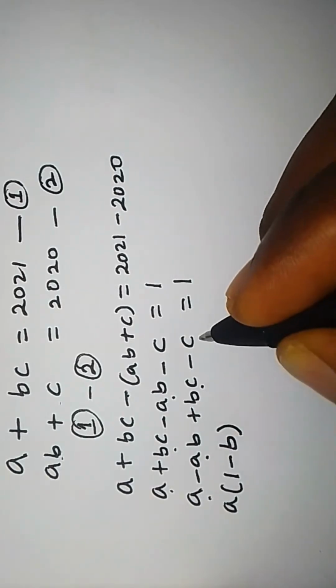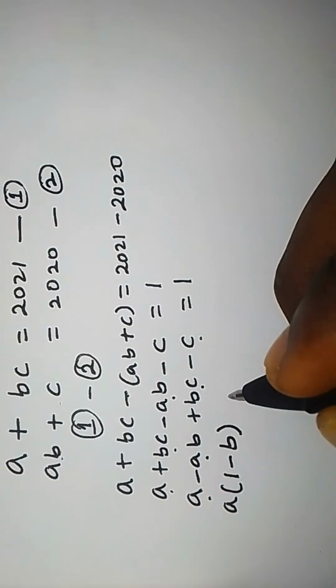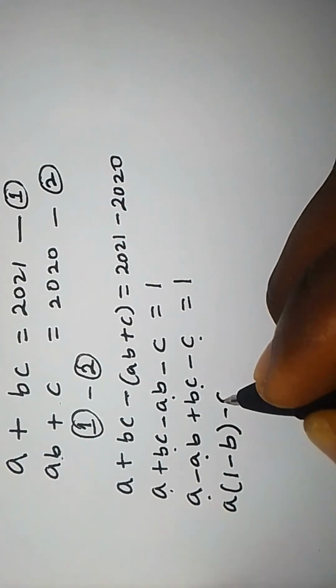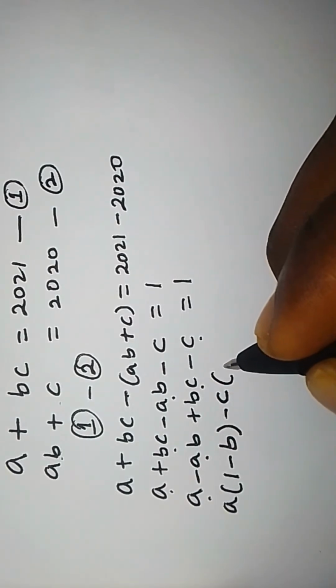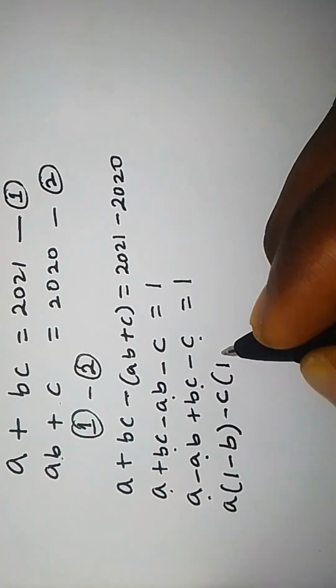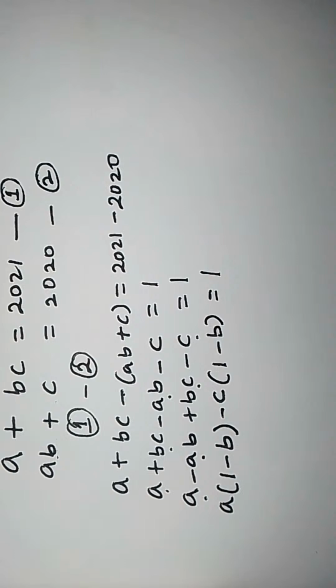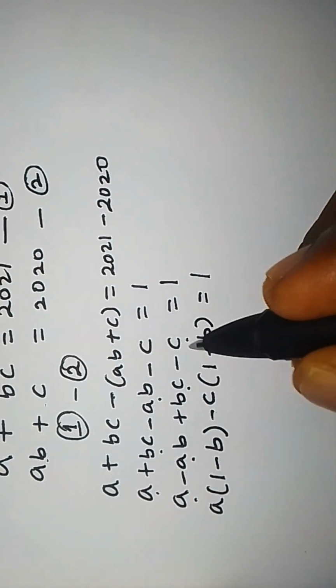From these two terms also, you will see that C is common, but let us factor out minus C. So that will be minus C times (1 minus B) equals 1.